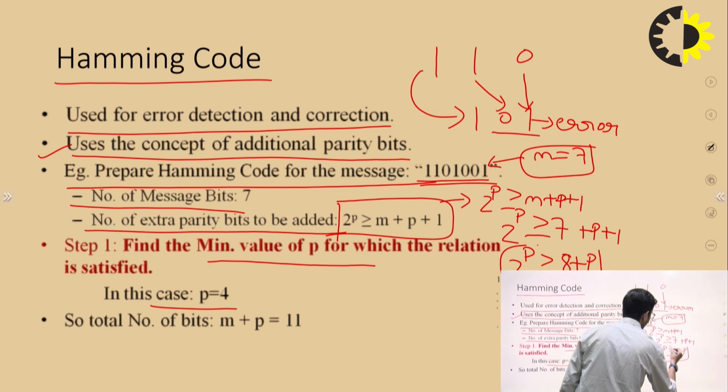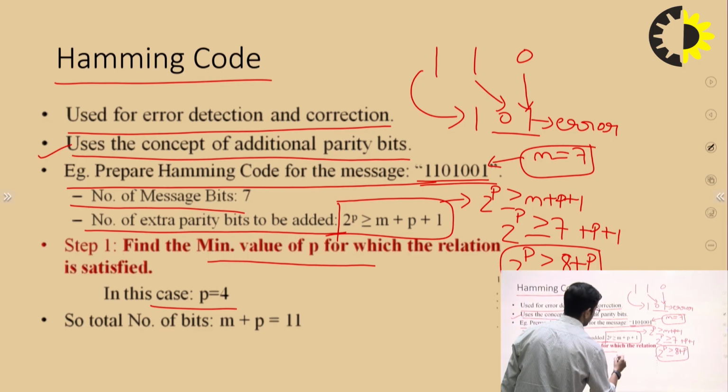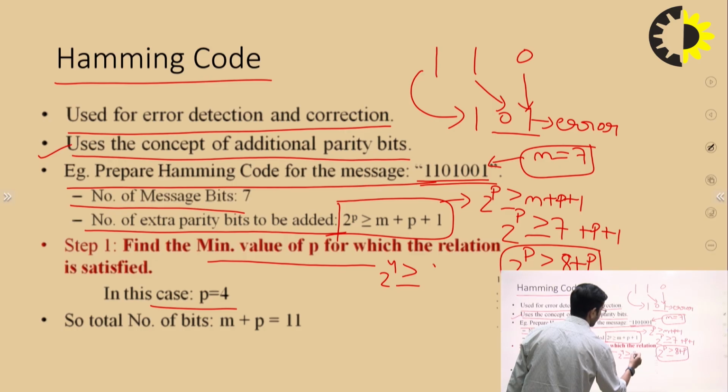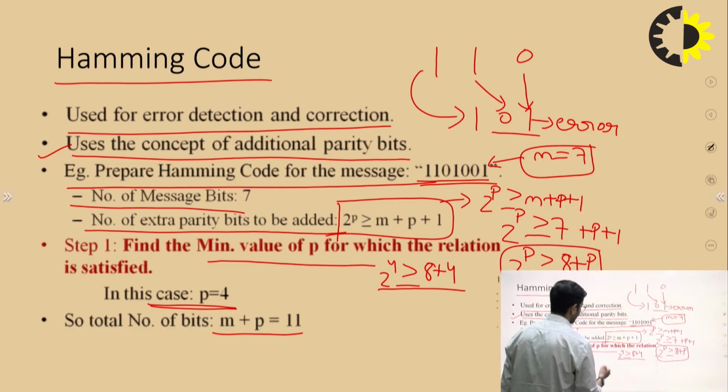So what is the minimum value of p that will satisfy this equation? p should be 4, because 2 to the power of 4, that is 16, is greater than 8 plus 4, that is 12. So the minimum value of p in this particular code is 4. So we have taken p equal to 4. Now if we add 4 parity bits to the transmitted signal, the total number of bits becomes 7 plus 4, that is 11.